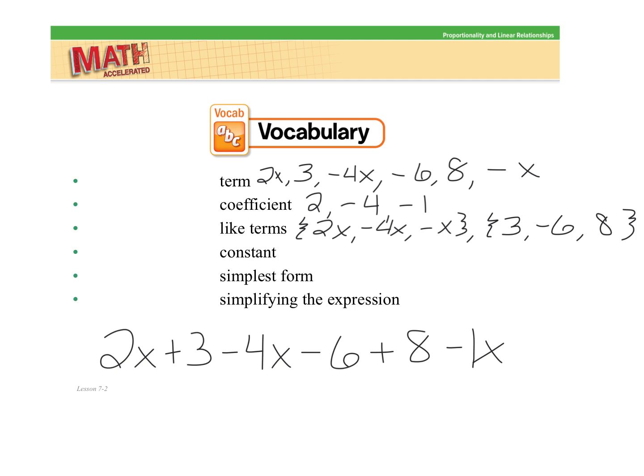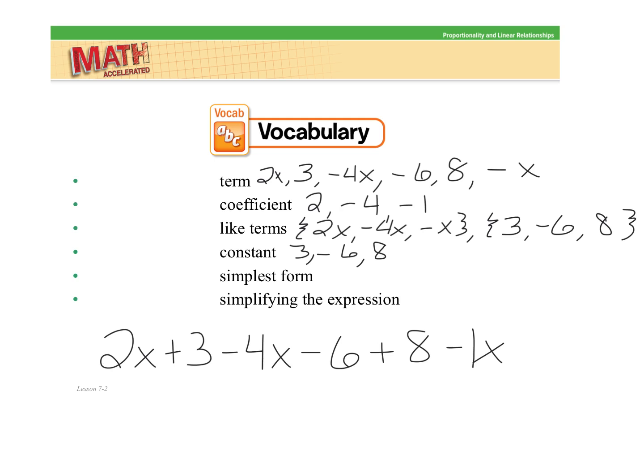You can add them to other x's, but remember when we get to substitution, what happens? The x's change, right? So what's a constant? Numbers. Just regular numbers without variables. So the numbers without variables are our constants. One of them is 3. What's another one? Negative 6 and 8.